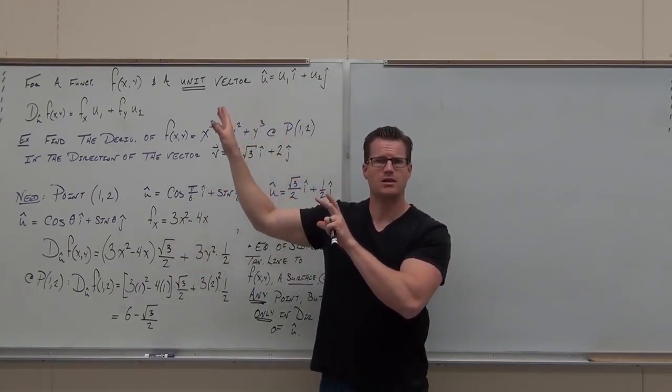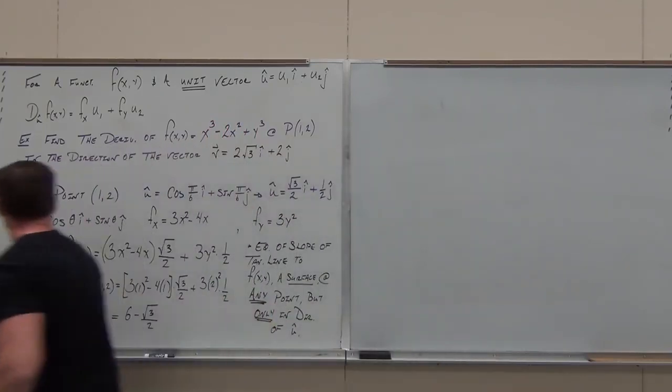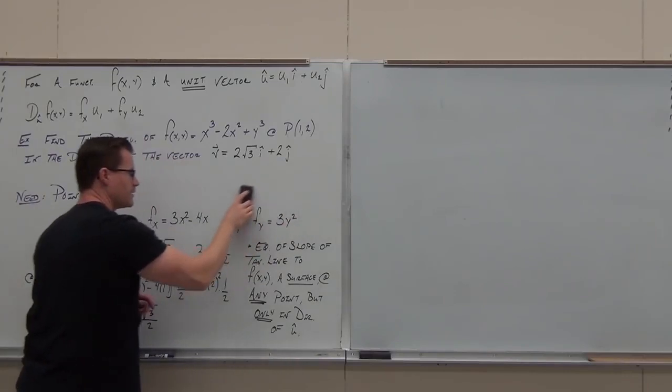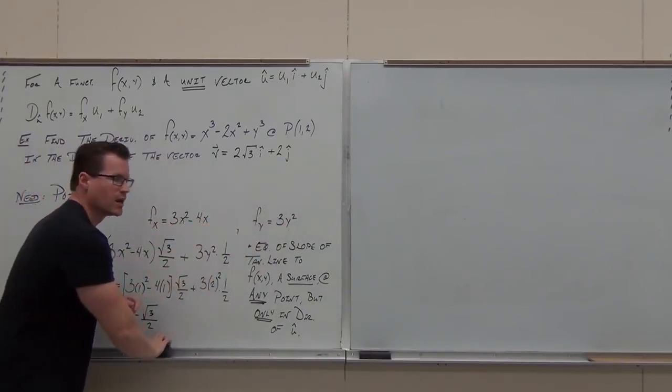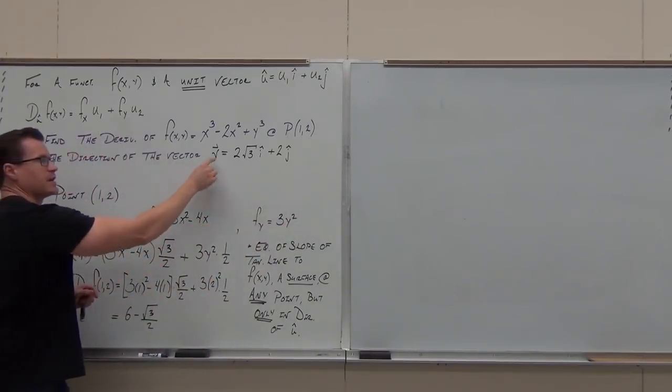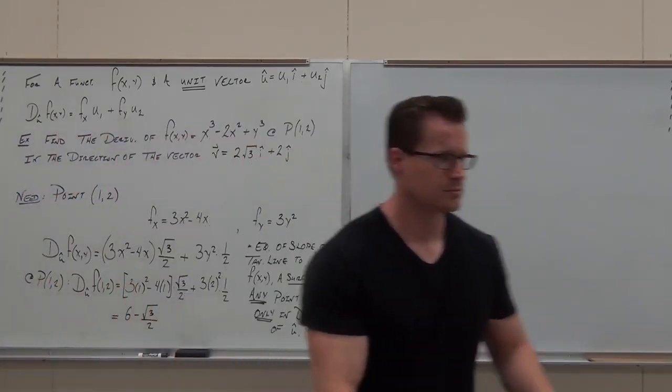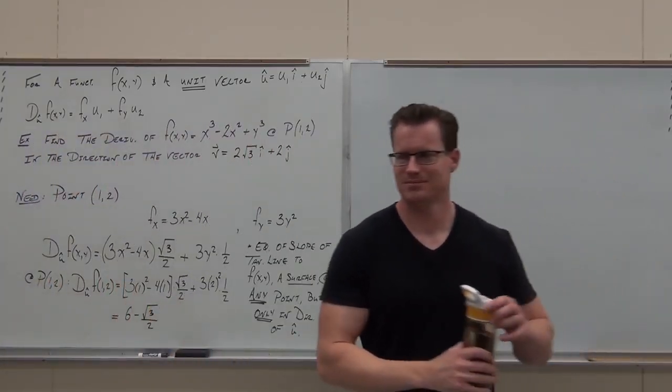Does that make sense? Can you do me a favor here? Since I'm not giving you this, this is irrelevant for this problem. This is not irrelevant, you need it anyway. But can you take some time and find me the unit vector I need for that? Go for it.